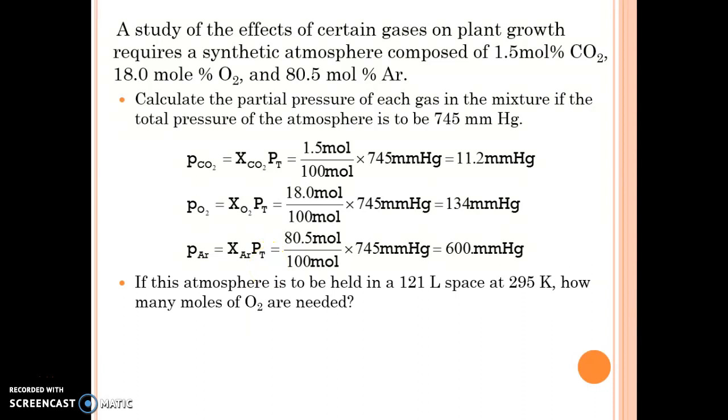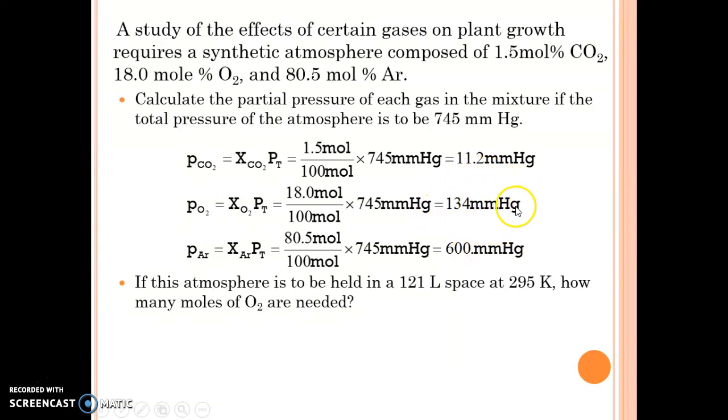Okay, so now what if you have this atmosphere under the conditions of 121 liters and 295 Kelvin. How many moles of gas are you going to have? Well, I already know the partial pressure of oxygen.